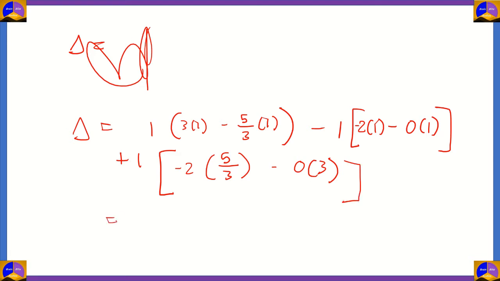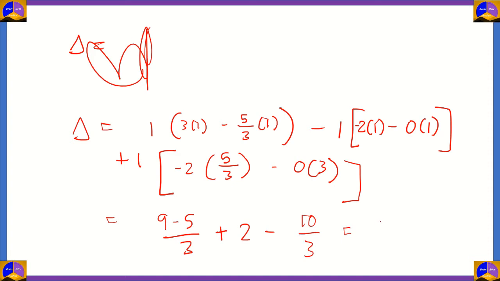So therefore you will have 1 times 3 minus 5 by 3, so that is 9 minus 5 by 3, minus 1 times minus 2 into 1, so that's minus 2. So minus 2 times minus 1 is equal to 2, so that is plus 2, and then minus 10 by 3.